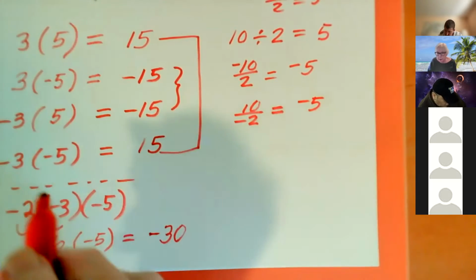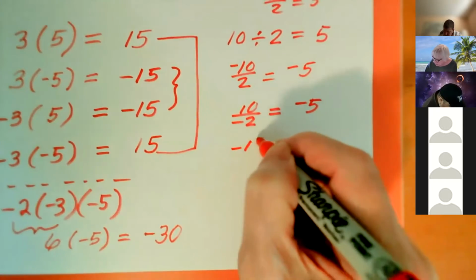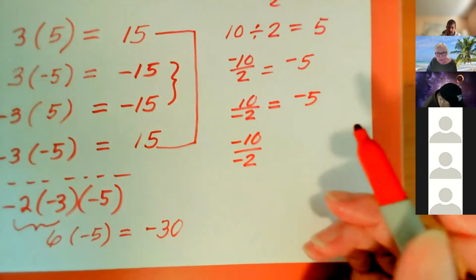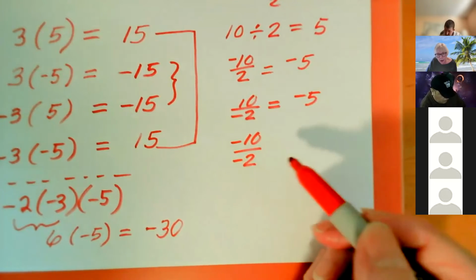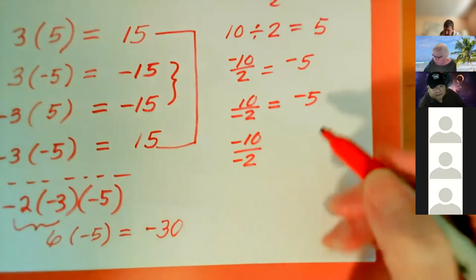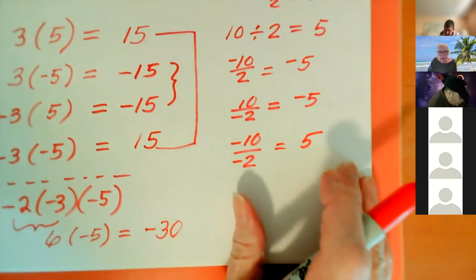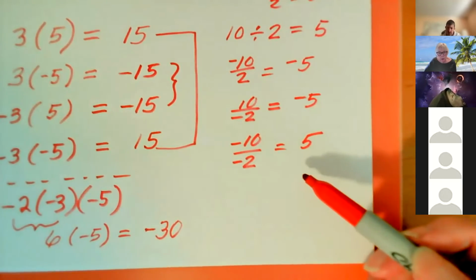But you know where I'm going. This last one, negative 10 divided by negative 2. Well, not only do you have to realize that 10 divided by 2 is 5, a negative divided by a negative is a positive. If you look at these two examples, there's two groups.